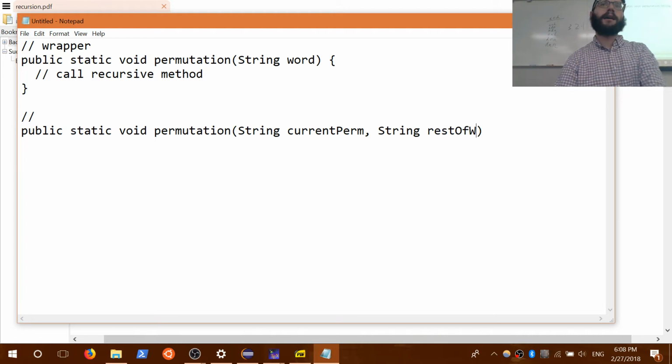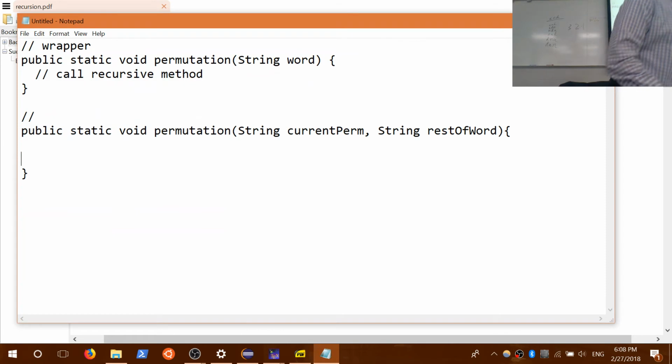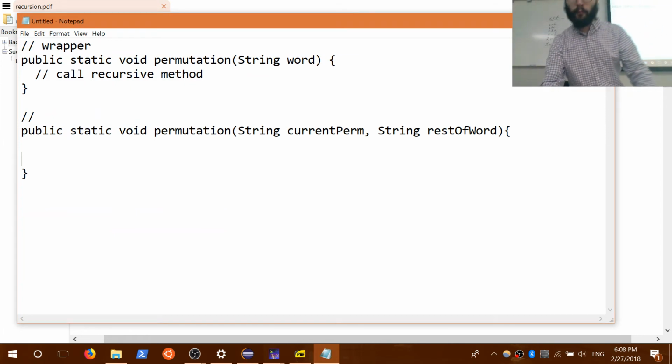So here's my hint to get you guys started. My suggestion is first, discuss among yourselves, try thinking about how this would work, and let's figure out what the base case is. What is the base case? Figure out some input word where figuring out the permutations for that particular word is extremely easy.